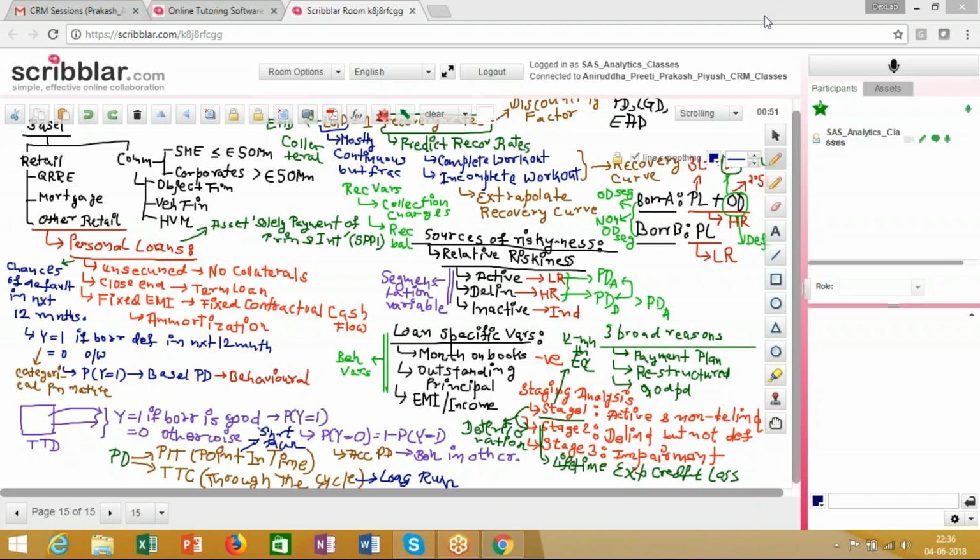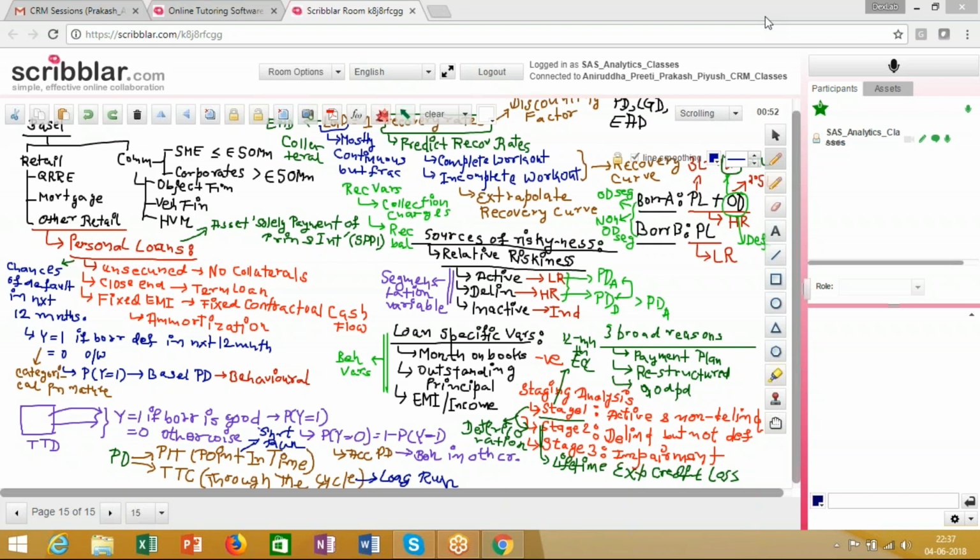But the problem is that for most of the retail portfolios, most of the variables that we have are point in time. The PD that we are estimating is over the entire period of time, where we use a business cycle and all, right?